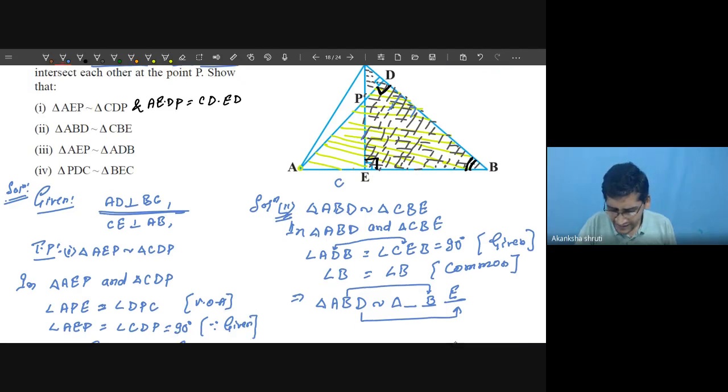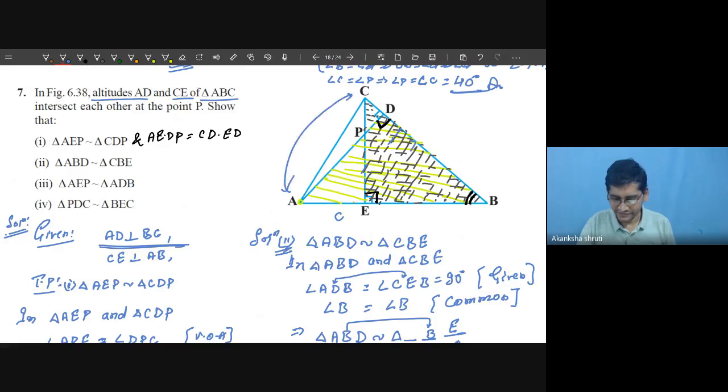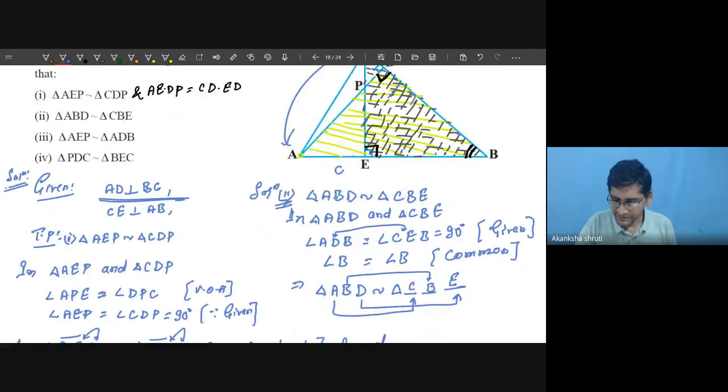So for A, the triangle under consideration, it is our C. Getting this C? This C was this one. So it is our C. This way we have written conveniently.